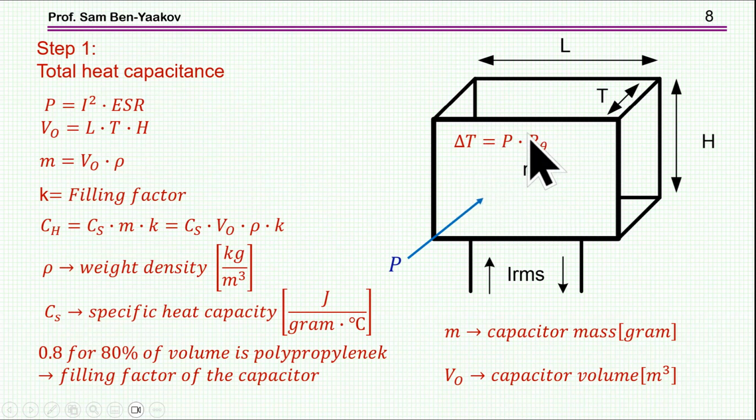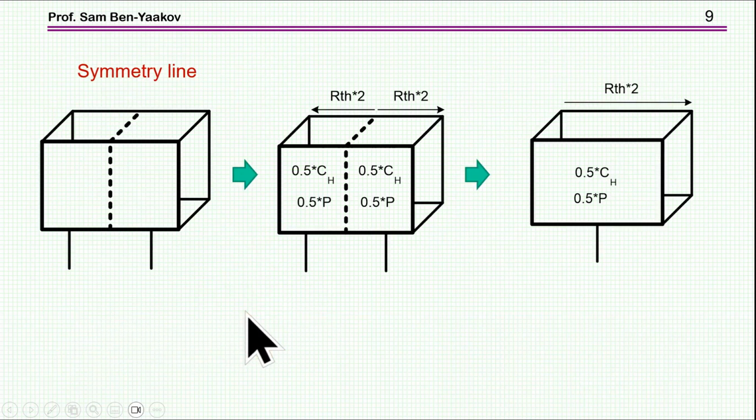There's some void, so we assume a filling factor. So the heat capacitance is the specific heat capacitance times the mass times this filling factor. And then, of course, we need to know what is the material, and assuming a specific heat capacitance.